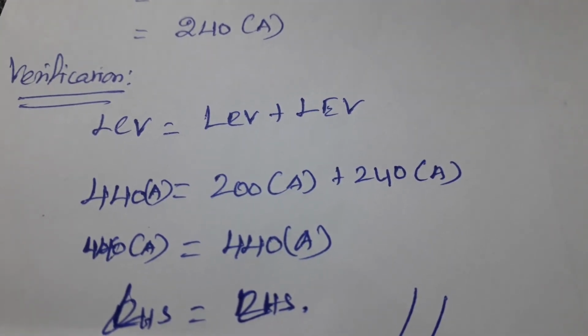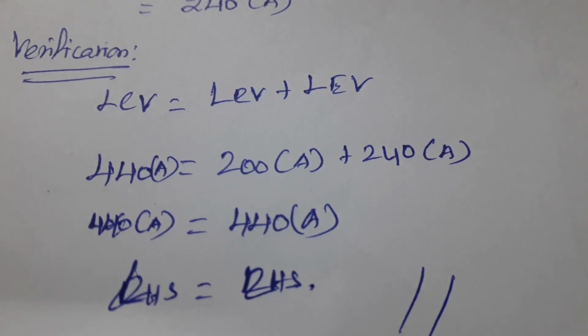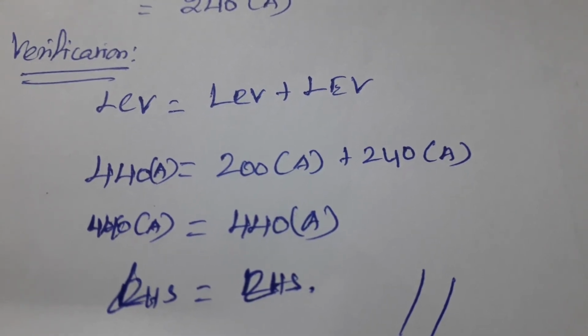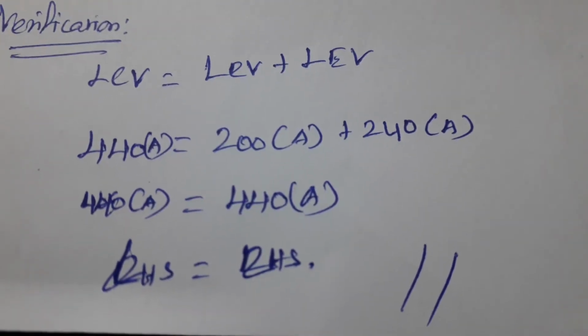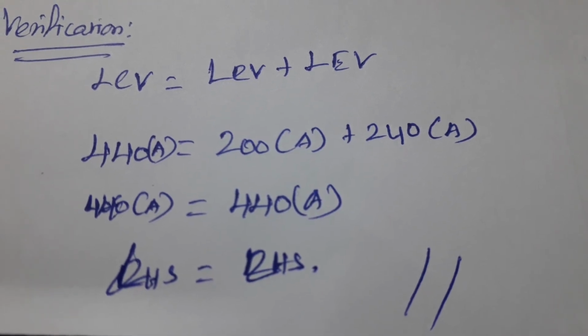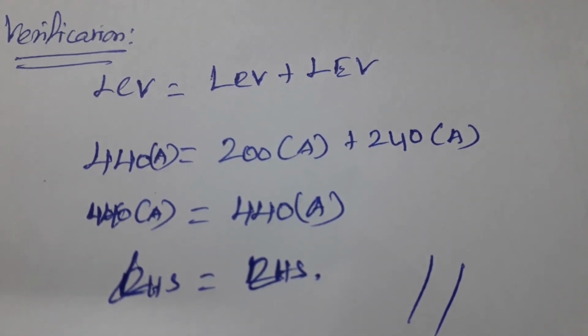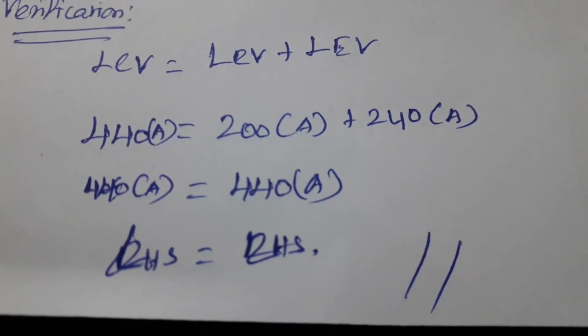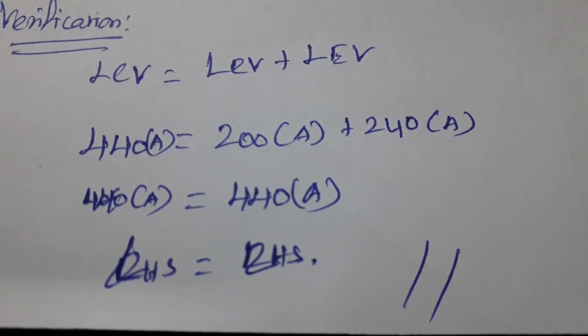If we apply the formula, the left hand side should be equal to the right hand side. If it is, then we have done our problem correctly. If not, we have committed some mistakes in between of the problem.